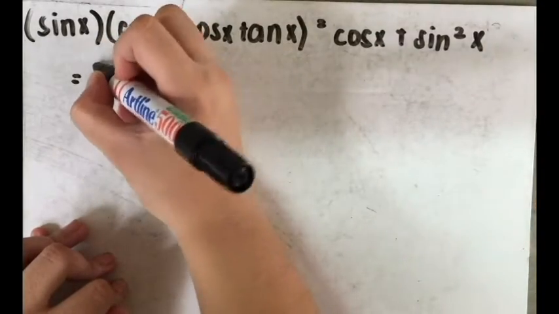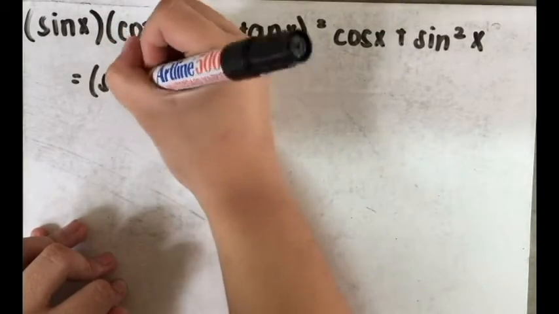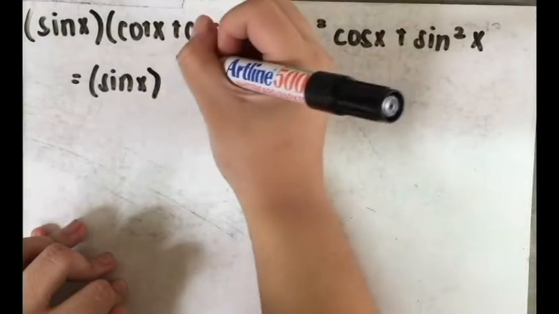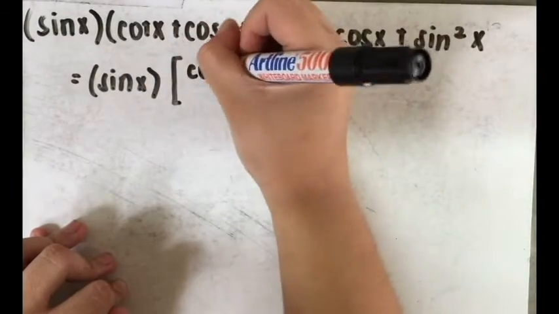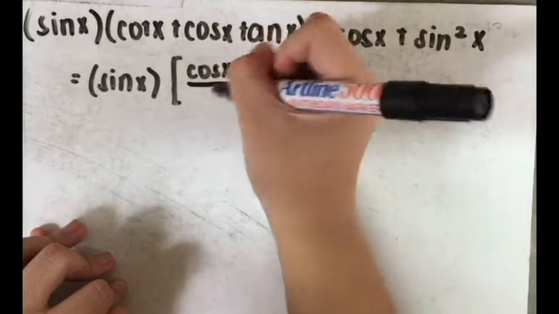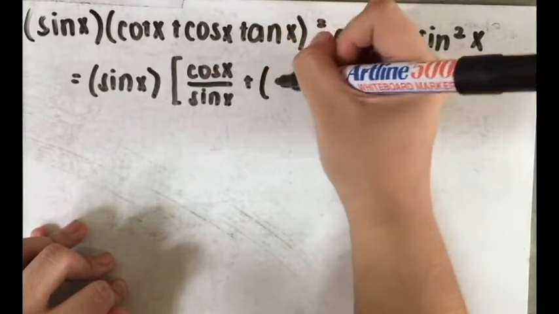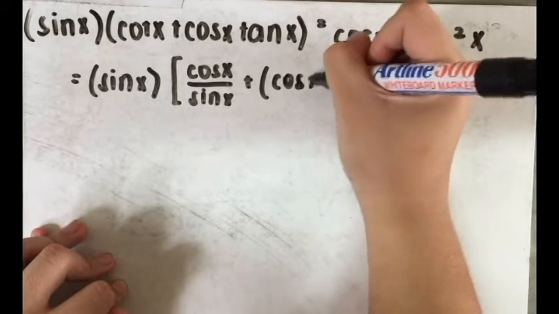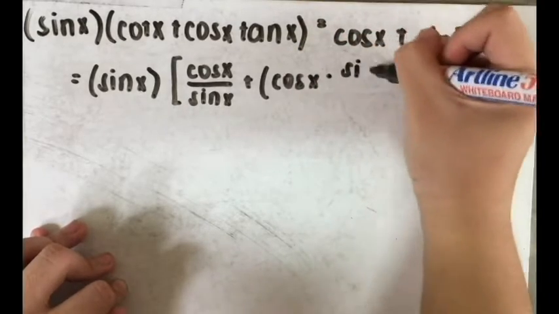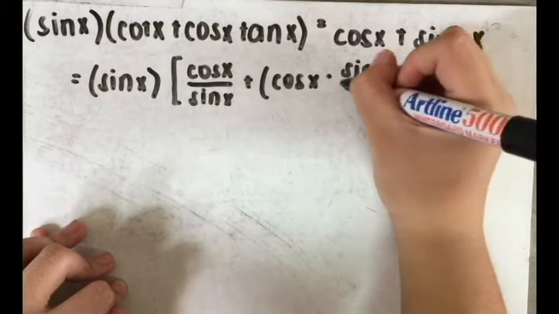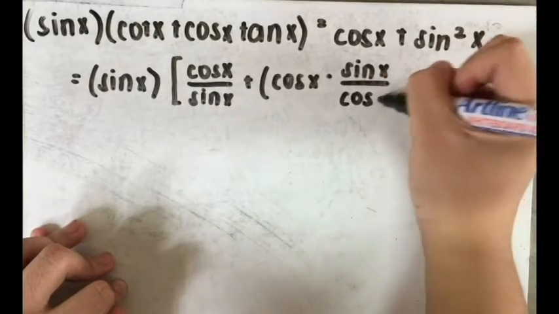Now let's start working on the left side of the equation. First, rewrite the terms inside the second parenthesis by using the quotient identities. Open and close parenthesis: sin x times cos x over sin x plus cos x multiplied by sin x over cos x. After that, find a term that can be cancelled out.